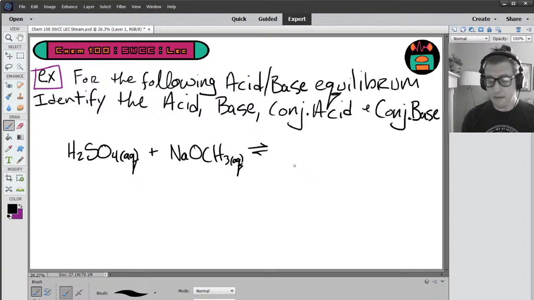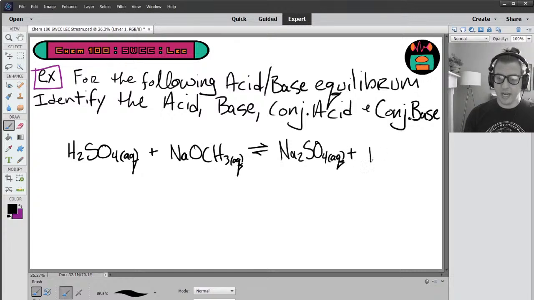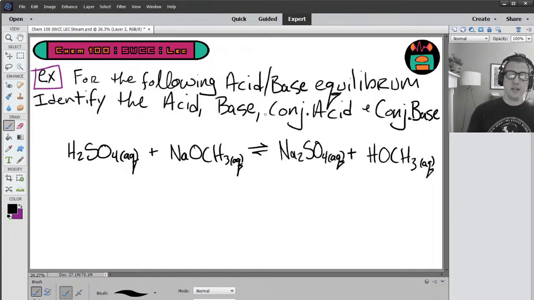You don't need to know how to name that. It's an organic molecule, and they produce sodium sulfate and methanol. All right, so we are asked to identify the acid, the base, the conjugate acid, and the conjugate base.